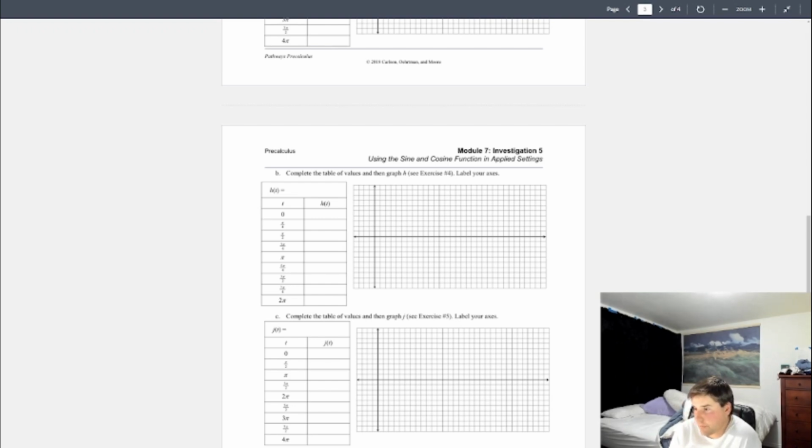Where is that circumference formula? 2 pi times radius. 2 pi times 2.3. Takes 20 seconds to travel this many, what is it, feet, I think.